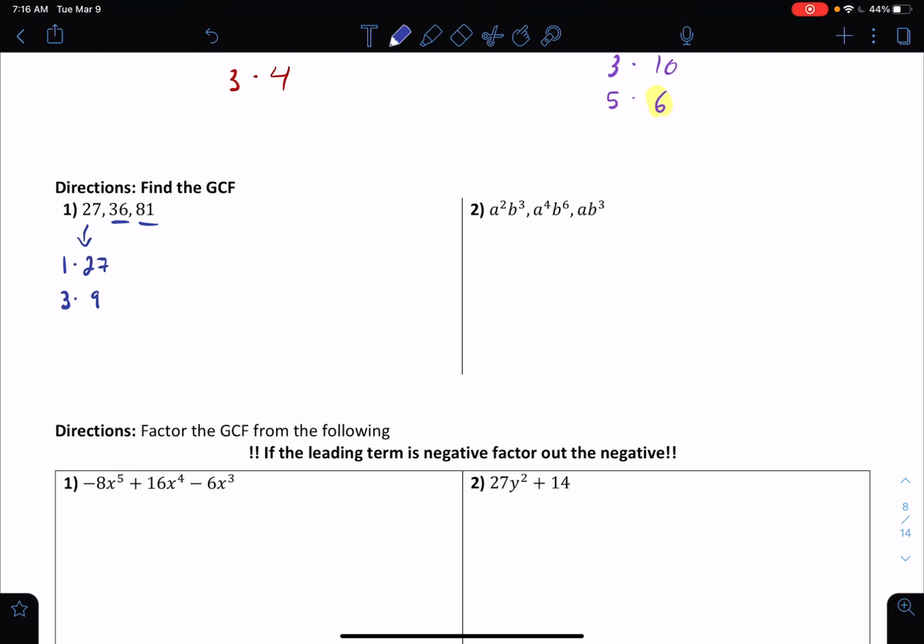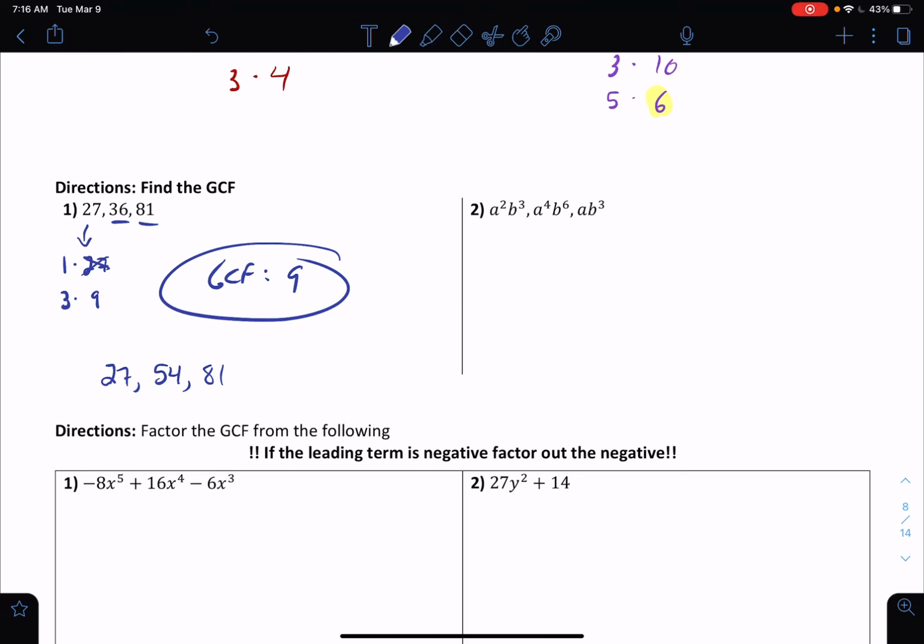Now does 27 go into all those? 27 times 2 is 54, or 27 times 3 is 81. So it goes into 81, but it doesn't go into 36. Okay, so 27 is out, which means that 9 is the next biggest number that goes into 27, 36, and also 81. So the greatest common factor is 9, because 9 goes into each of those.